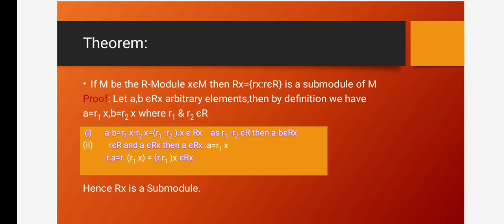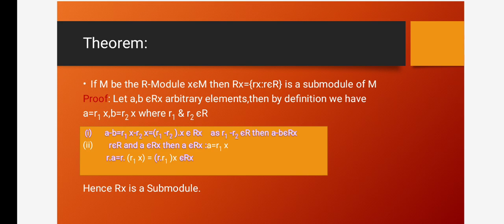Let us consider a, b belonging to R dot x be arbitrary elements. Then by the definition, a equals r1 x, b equals r2 x, where r1, r2 belong to the ring. Firstly, we shall show that a minus b belongs to R dot x. Let us consider the left hand side, a minus b.